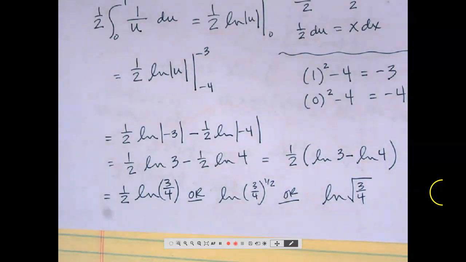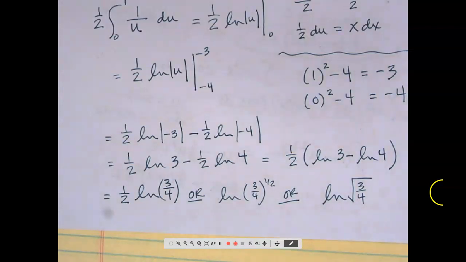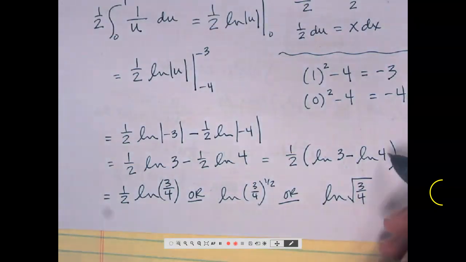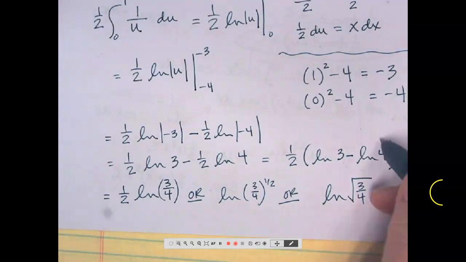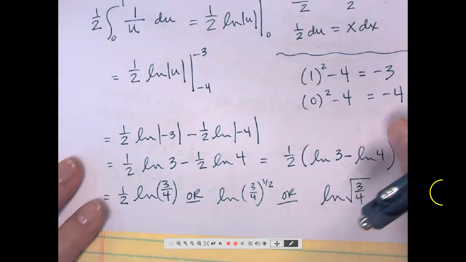Wow. And I'd be willing to bet that if it was multiple choice, they'd probably go with that last one. So yeah, if you got this answer, you'd be like, what the heck? But those are actually equal. Why is natural log 3 minus natural log 4 the natural log of 3 over 4?